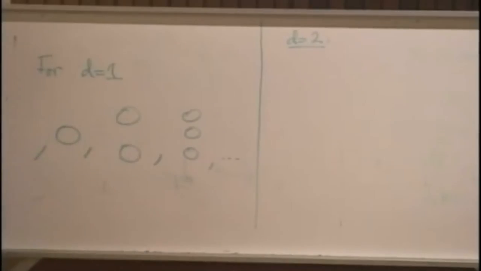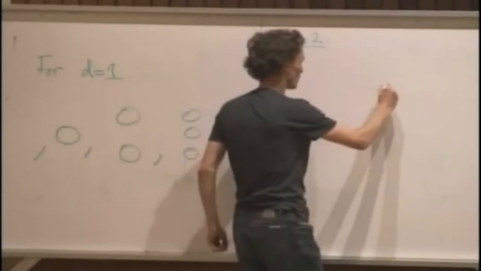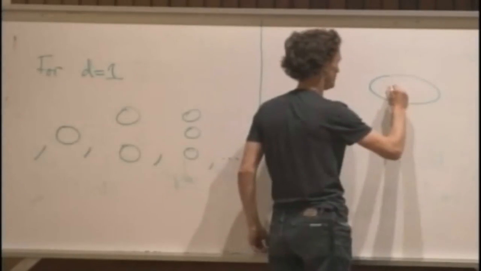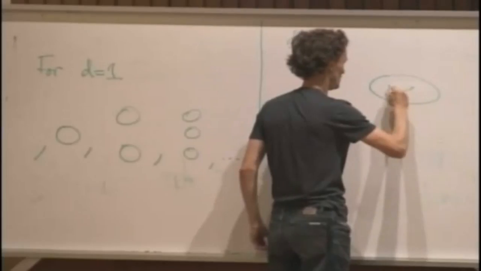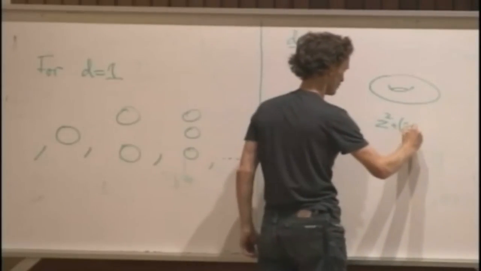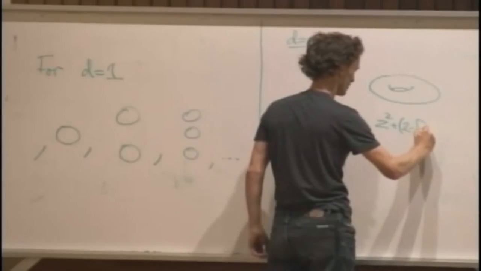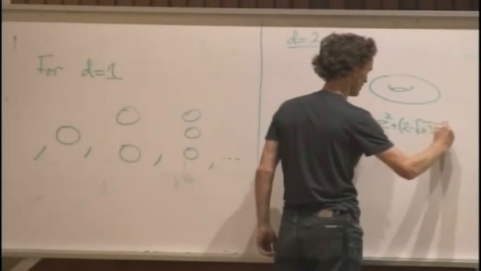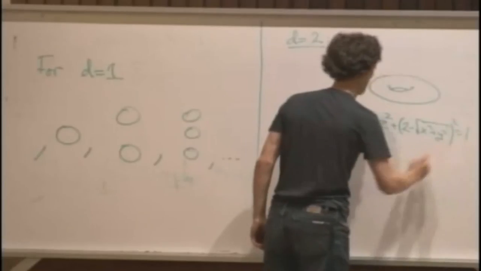Two-dimensional manifolds. Well, that was the torus I wrote before. z squared plus (2 minus square root of x squared plus y squared) squared equals 1.